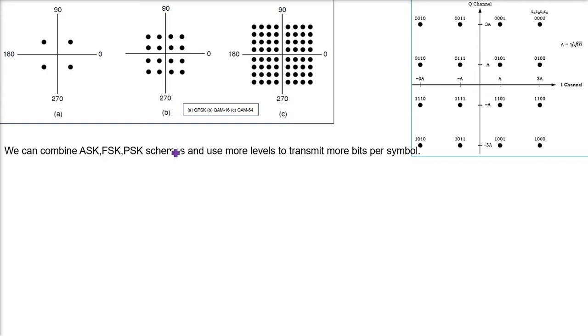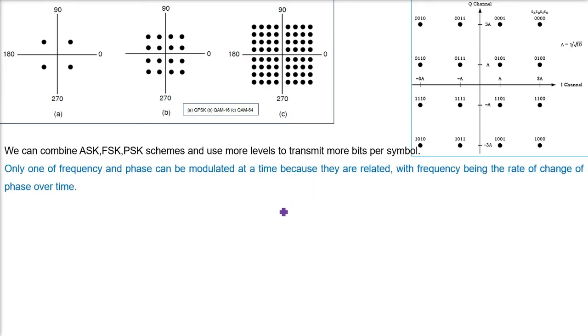We can combine ASK, FSK and PSK, amplitude shift keying, frequency shift keying and phase shift keying. These schemes can be combined and we can use more levels to transmit more bits per signal. That is not only 0, 1 but 0, 0, 1, 1 or 0, 0, 0, 0, 1 like this.